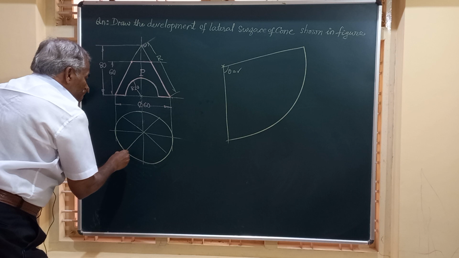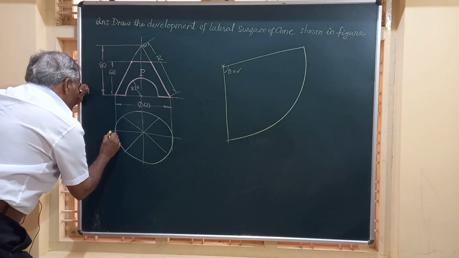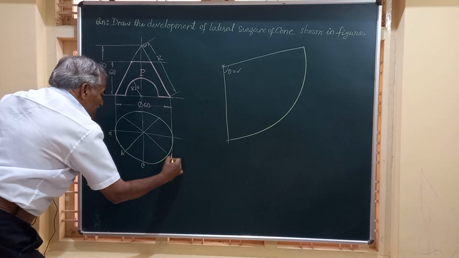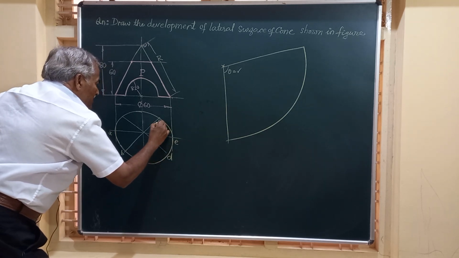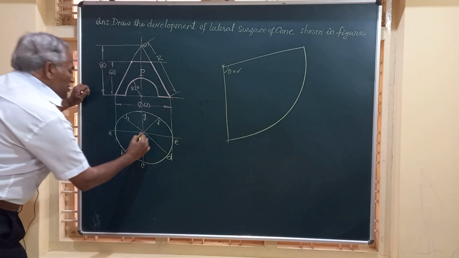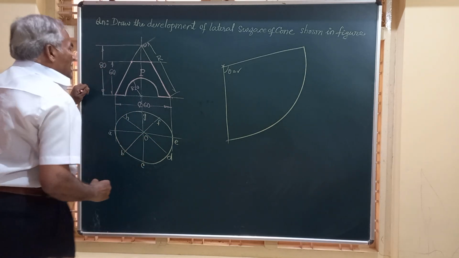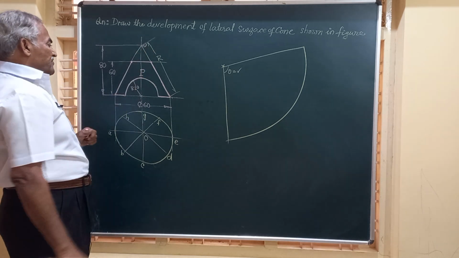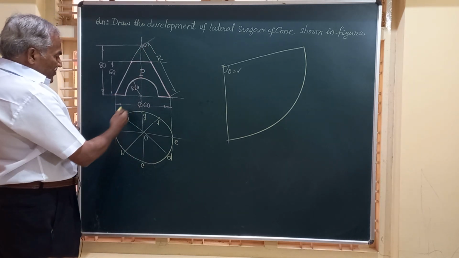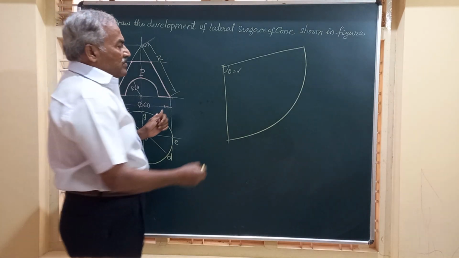So these are all the divisions, and we can call these A, B, C, D, E, F, G and H. O is the apex, O dash is the front view of that.